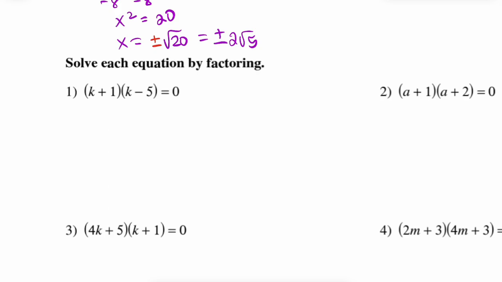But here, I just want you to get in the habit in 1 through 4: if they are in parentheses already, they've got factored already, then they've done most of the work for you, because you can split them apart and set each piece equal to 0 and then solve each piece individually. So that's what I want to see for 1 through 4. I want you to split it apart and then solve each one individually.